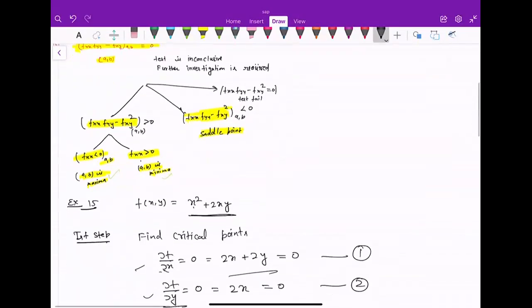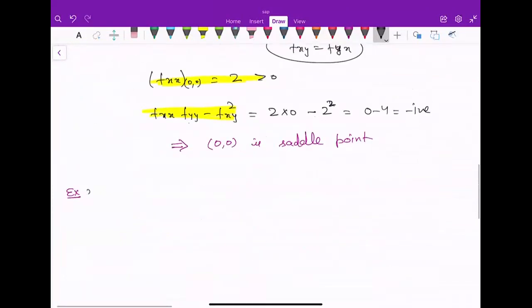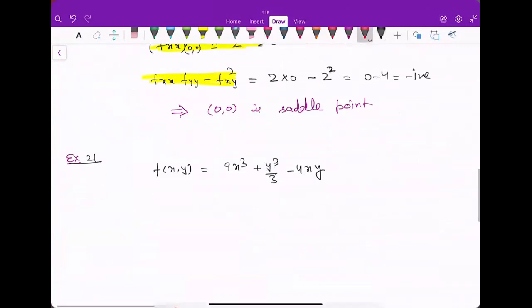So let us do question number 21. Here f of xy is equal to (9x cube plus y cube) upon 3 minus 4xy, okay? Now, in order to compute maximum and minimum, we first have to apply the first derivative test.